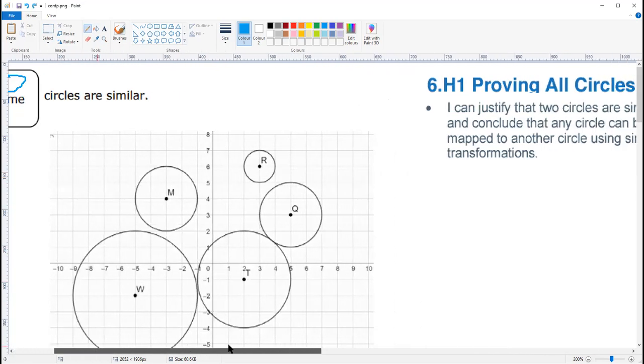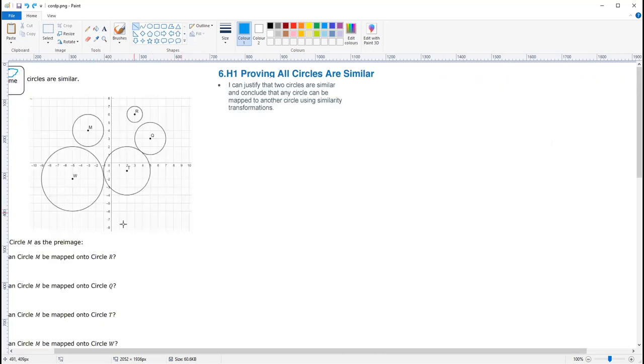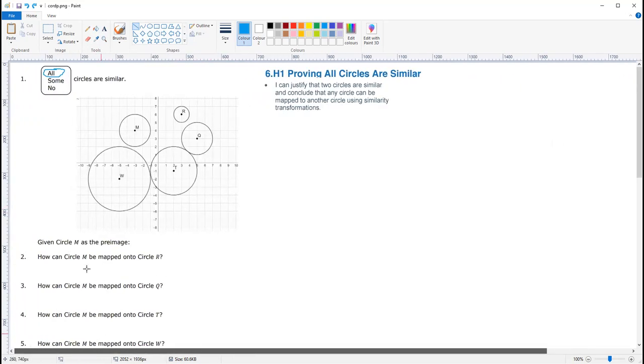Circle M's radius starts at -3 and goes to -1. The radius of circle R equals 2. Therefore, the diameter equals 4. So there's some things that'll help us.